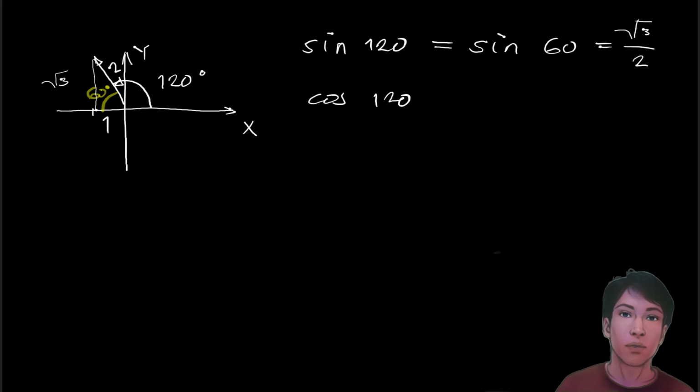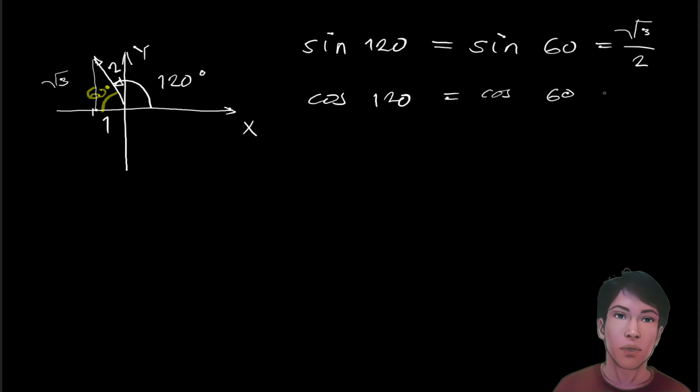Cosine of 120 is equivalent to the reference angle, cosine 60, and that is negative 1 over 2.